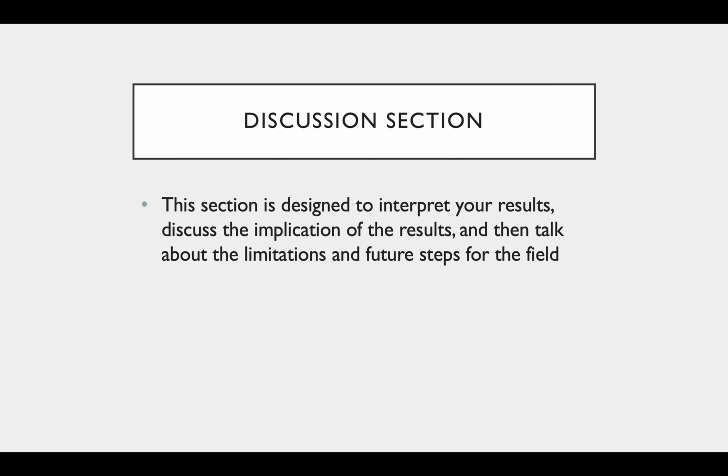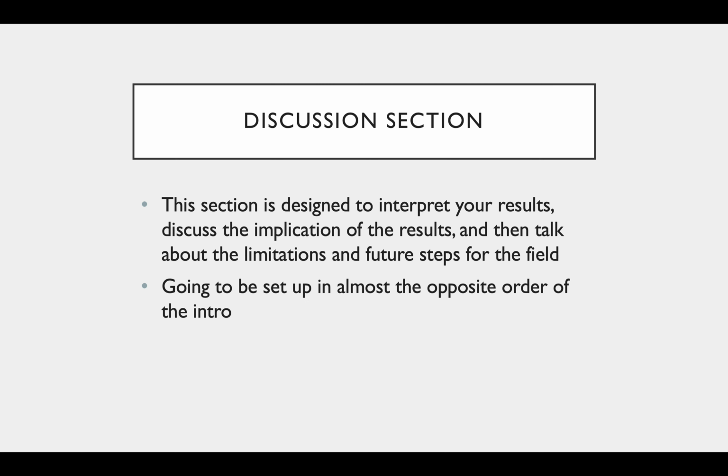You are interpreting the results that you just laid out for your reader. You're talking about what the implications of them are for the scientific community or for the broader world, broader society. And then what can be some of the future steps that you can take from this data, as well as what are some of the limitations of your study that the reader should be aware of.